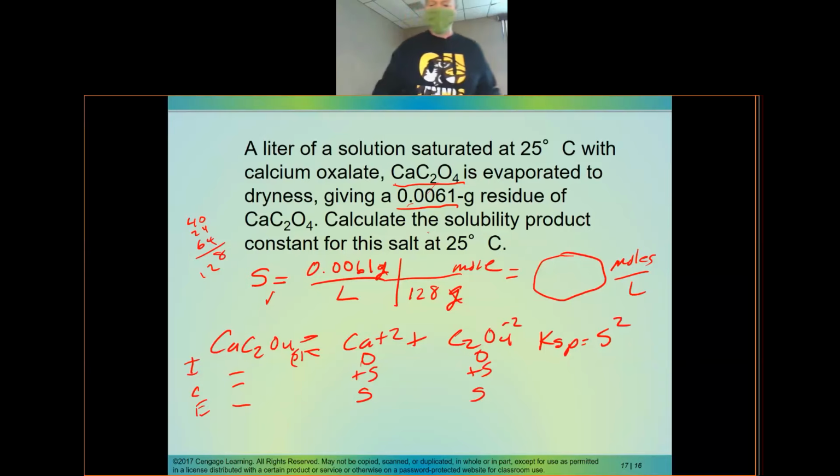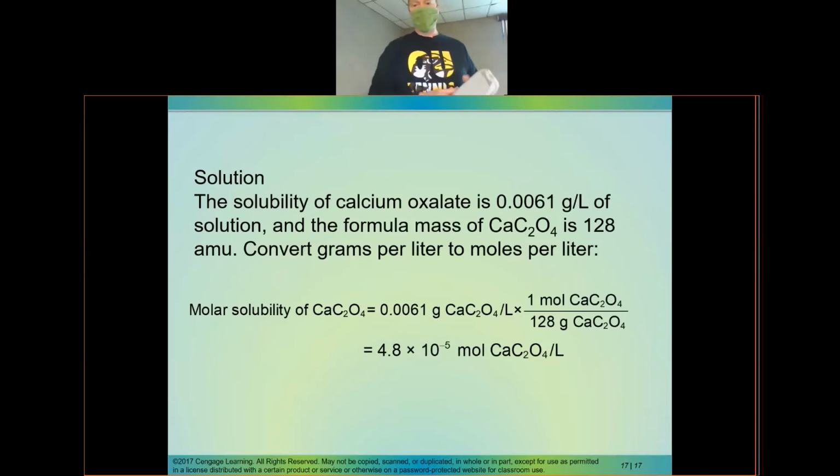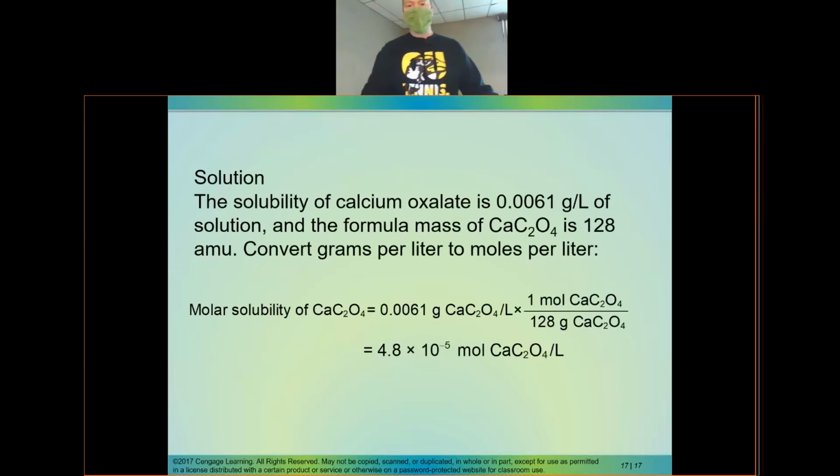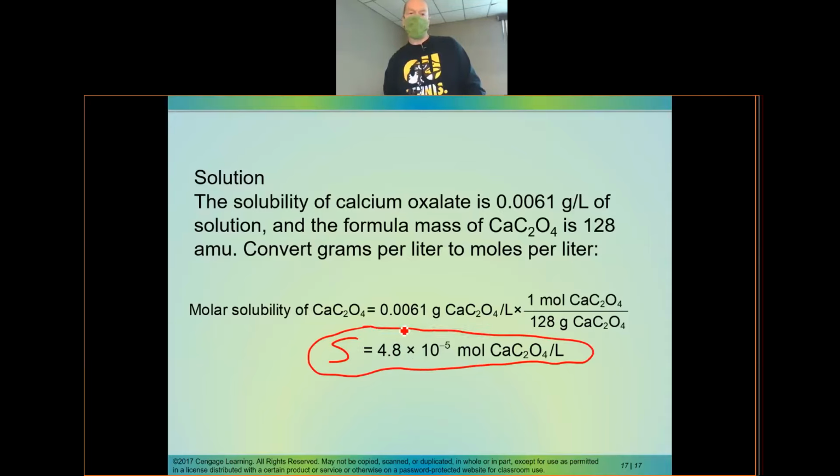Scroll down, they do this one for us. 128, good. When you take your 0.0061 divided by the 128 as the molar mass, you get your molar solubility of 4.8 times 10 to the minus 5.